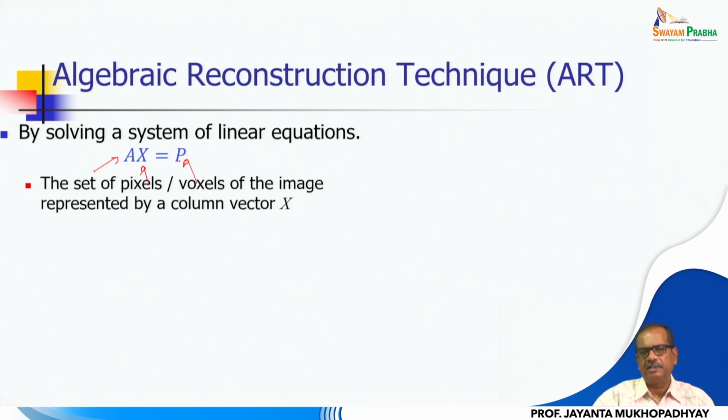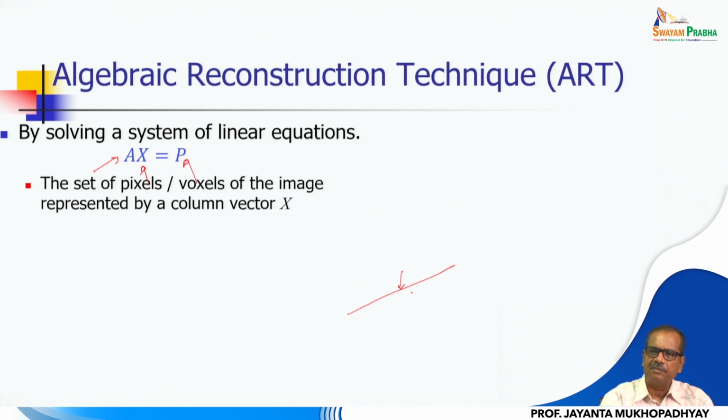In this case we are assuming the two-dimensional function is linearized in the form of a one-dimensional function, and x is that function. You can rearrange it again to make it a two-dimensional or three-dimensional function. This algebraic reconstruction technique can also perform volume reconstruction, because what it considers an equation is basically a line integral only.